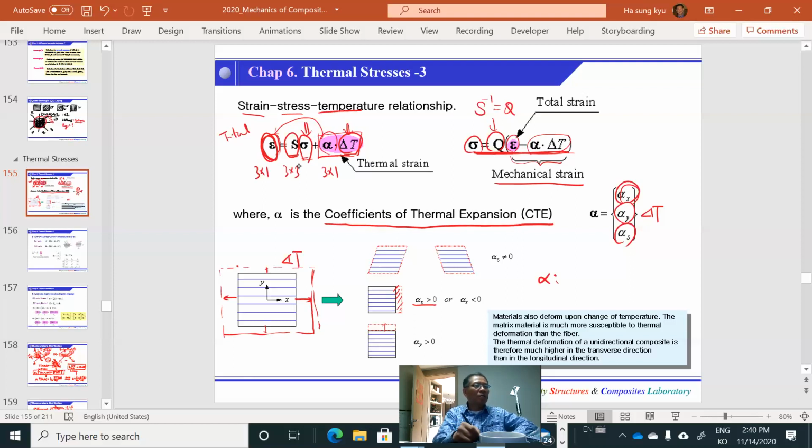Alpha x is often mostly positive, but can be negative, because carbon fiber is slightly negative, has a behavior of shrinking due to temperature increment.